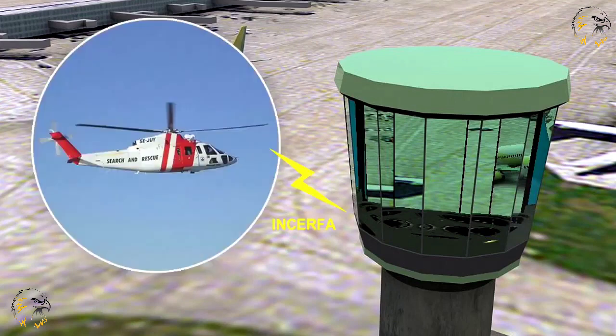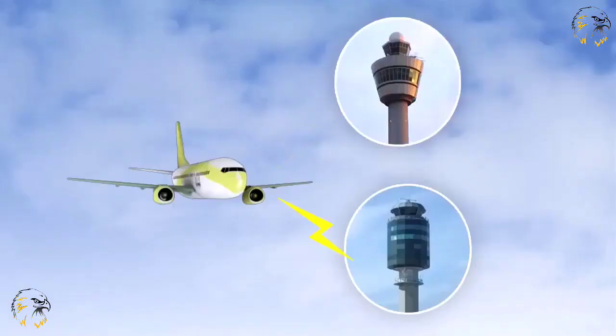Failure to do so will result in the activation of the search and rescue facilities, with an issue of an uncertainty phase called INCERFA. If no such traffic service unit exists at the arrival aerodrome, then a pilot must use the nearest available unit. If neither of these are possible, then prior to landing, the pilot should inform by radio telephony the closure of the flight plan to the Air Traffic Service Unit within the serving flight information region.